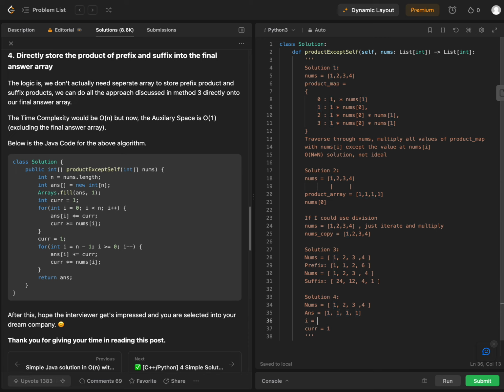Okay, so next thing, I becomes 1, and then nums 1, answer of 1, you multiply by current, which is still 1, so nothing happens, right? You move on. I equals to 2, here's where it's tricky. I equals to 2, you multiply your answer 2, index 2, by current.